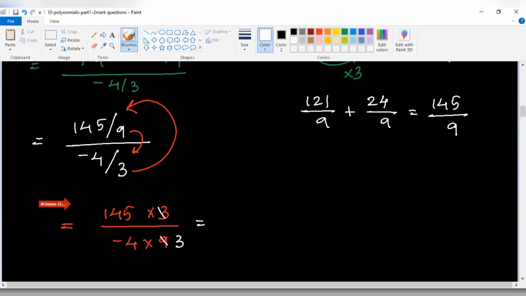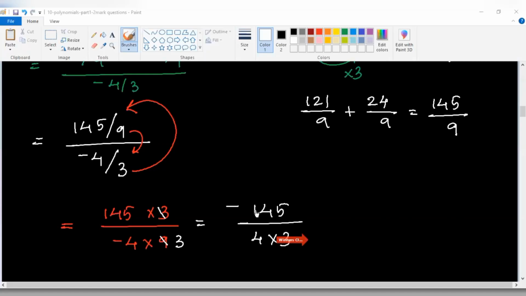Minus 145 by 4 into 3. Again we cannot divide this, right? We don't have any common factors. So we can just multiply the denominators. So what we get is minus 145 by 12. That is the required answer.